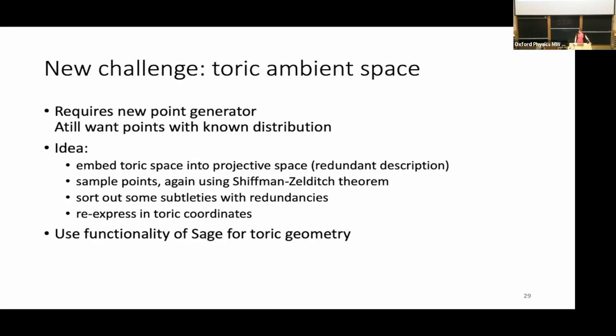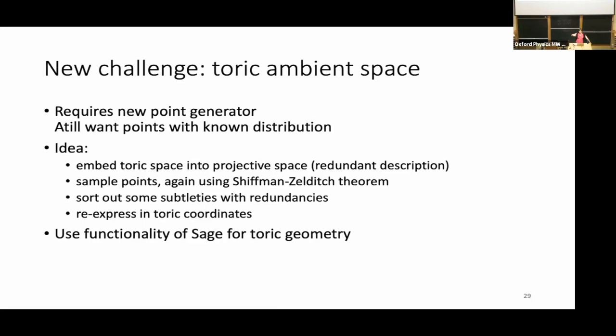So if you have a toric ambient space, then it's not immediate how you should do that. However, what we managed to show is that you can basically embed your toric ambient space in a very redundant way into projective spaces. And then you use more or less the same routines.